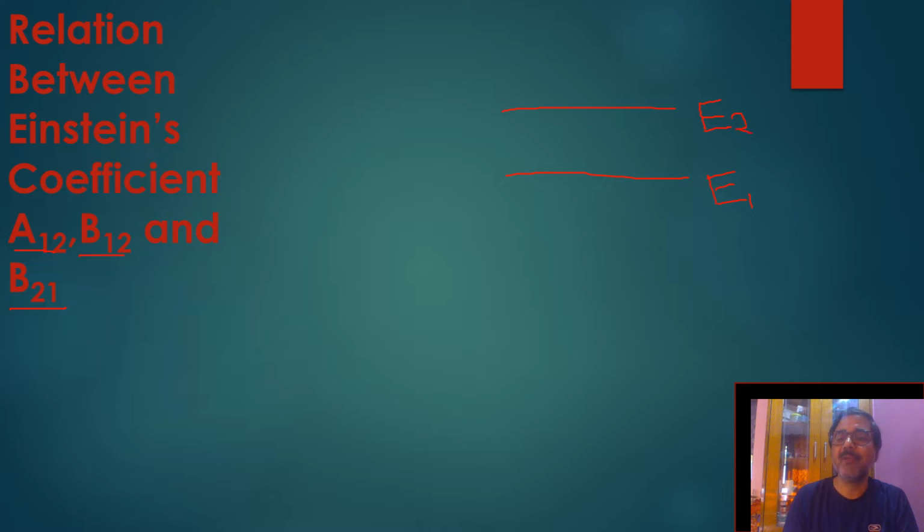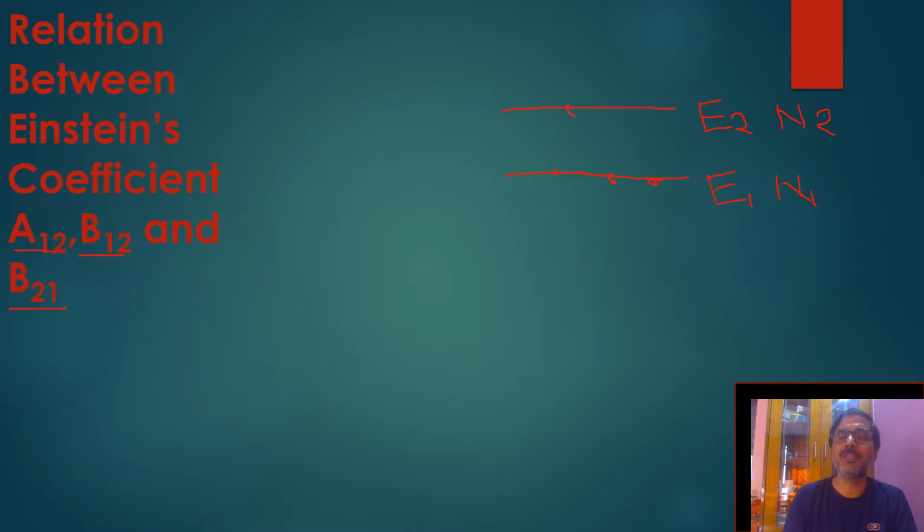Here we have N1 number of atoms, and here we have N2 number of atoms. At thermal equilibrium, most of the atoms will be in the ground state.